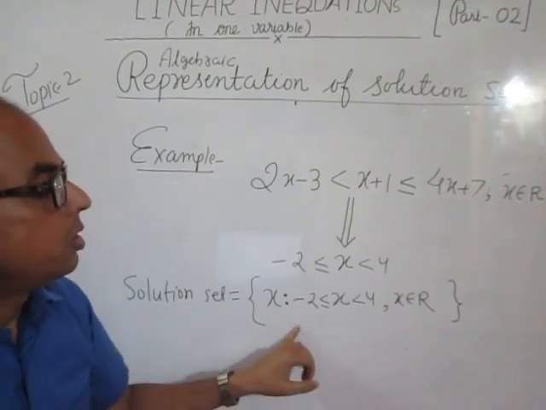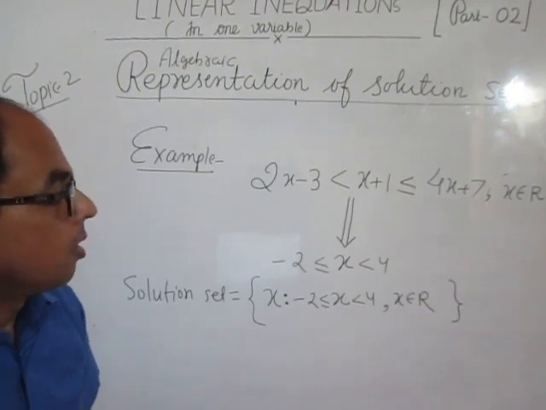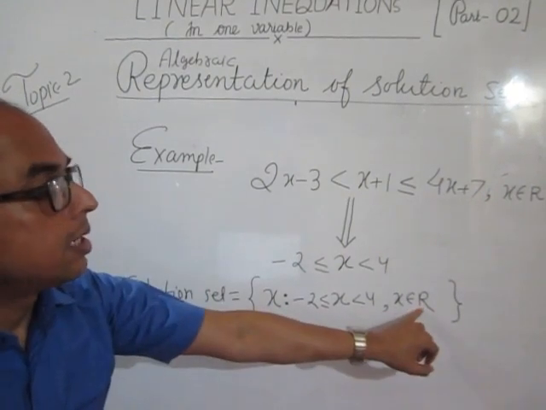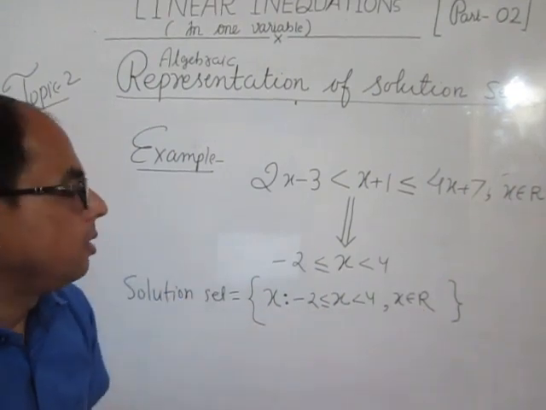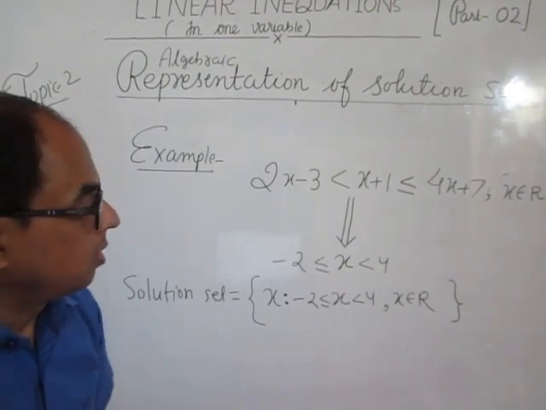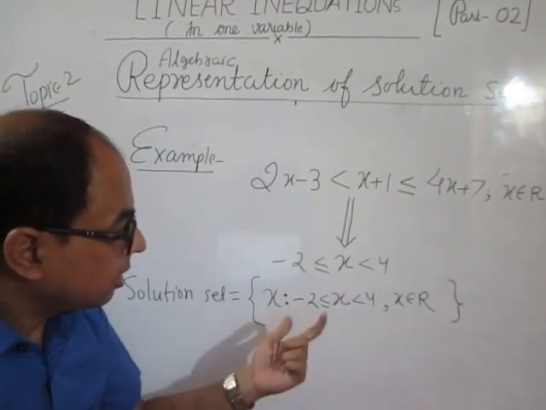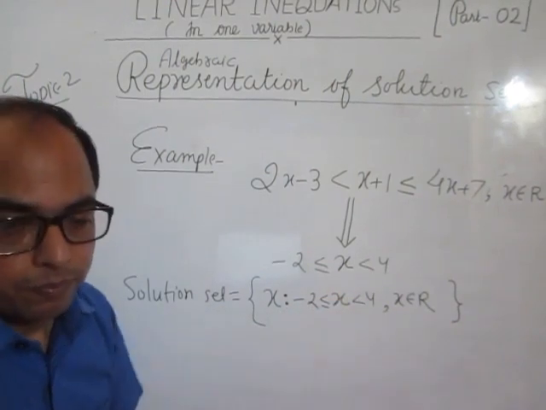Now this solution set cannot be written in roster form. Why? Because here the replacement set is the set of real numbers. And we know that between two real numbers there are an infinite number of real numbers. So we cannot make a list of all the real numbers between -2 and 4.